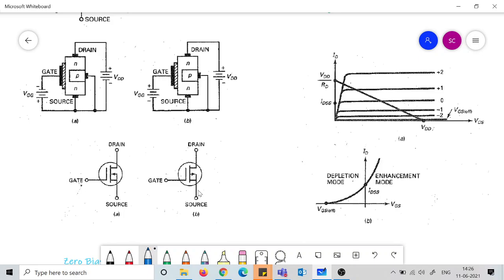Okay, so please keep this in mind. This distinguishes the VGS less than 0 and VGS greater than 0 symbols here. And you see the substrate and the source are joined.